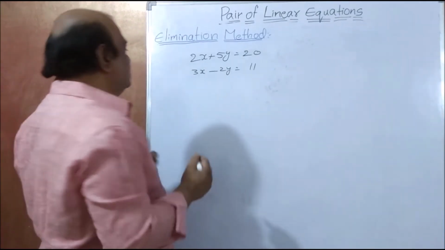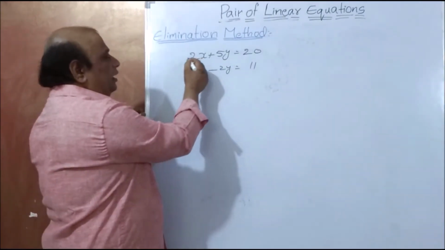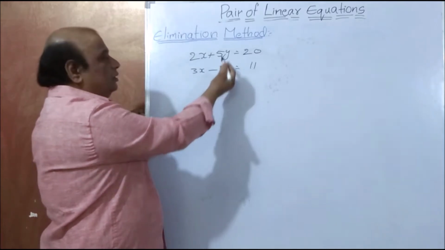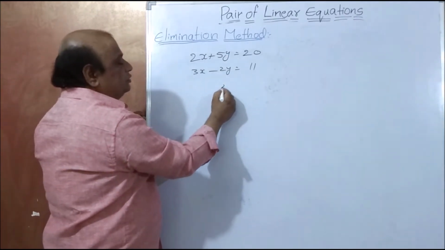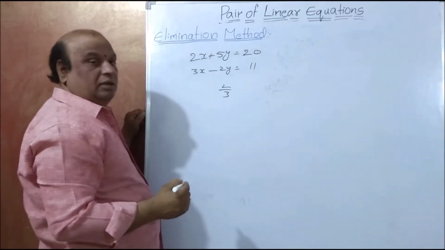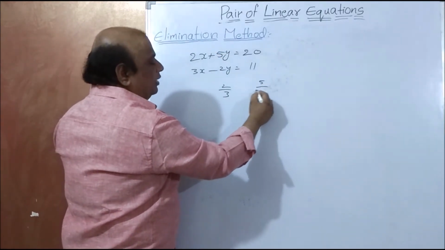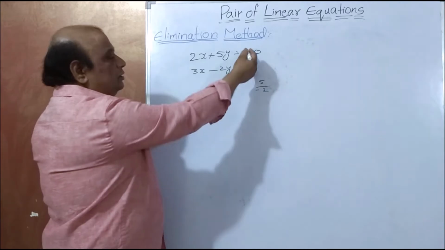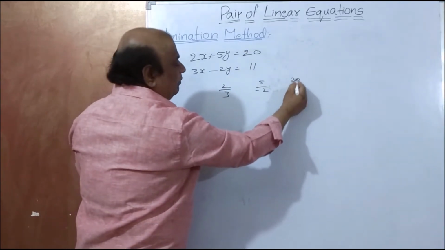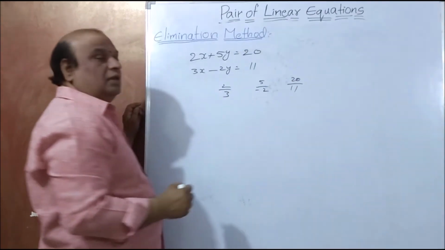Here a1 by a2 means 2 by 3, b1 by b2, 5 by minus 2, c1 by c2, 20 by 11.